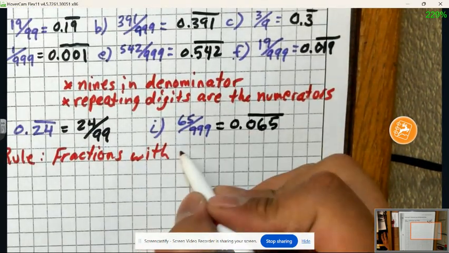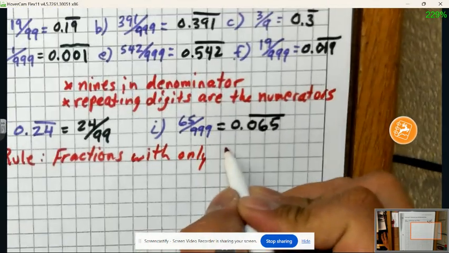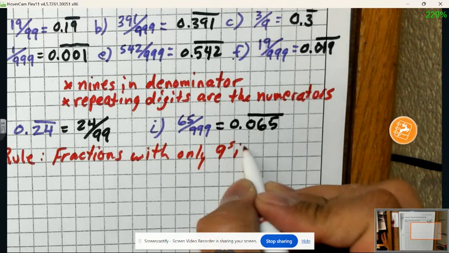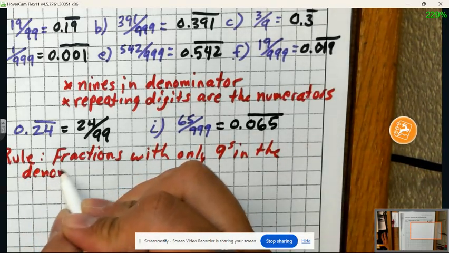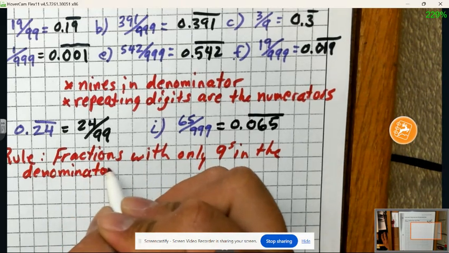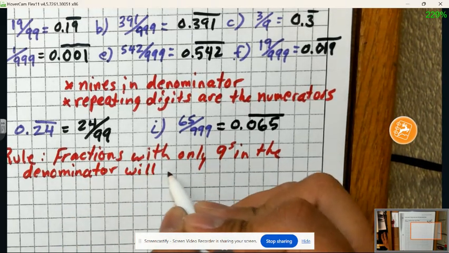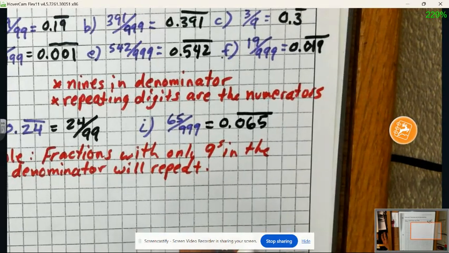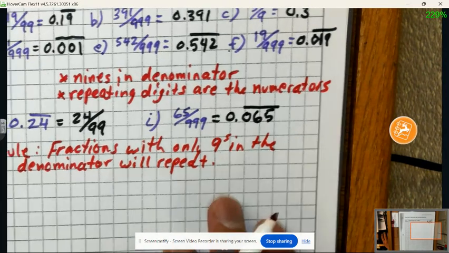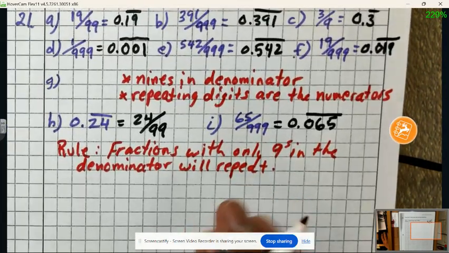Fractions with only 9s in the denominator will repeat. Okay, and so that's one thing that they all have in common.